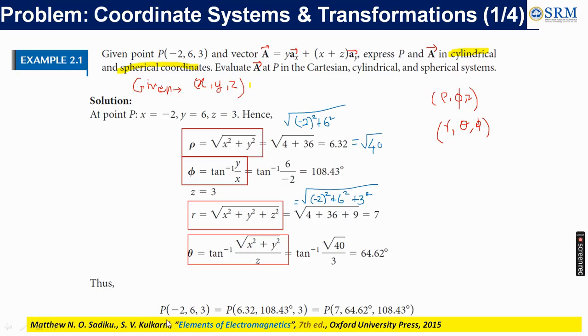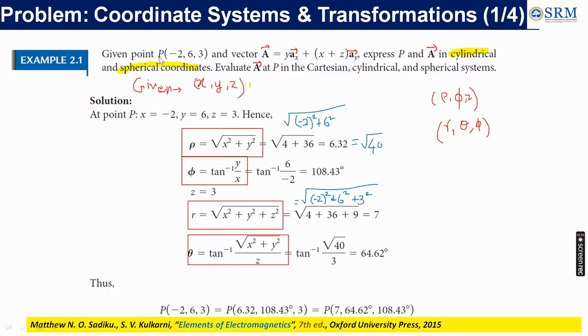So this is the point in Cartesian, the point in cylindrical coordinates, and this is the point in the spherical coordinate system.